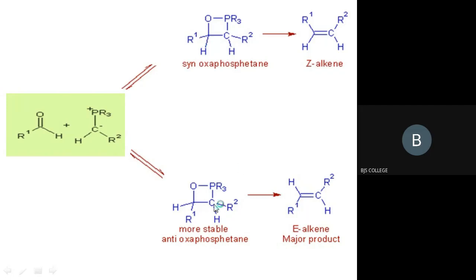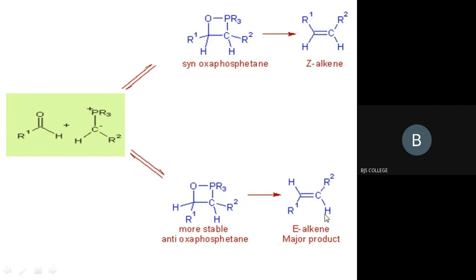Here R1 and R2 are opposite, so there is no steric repulsion. Because there is no steric repulsion, this anti will be formed as the major intermediate as compared to syn. And because this is obtained easily, as it is not sterically crowded, you get E alkene as a product and not Z alkene.